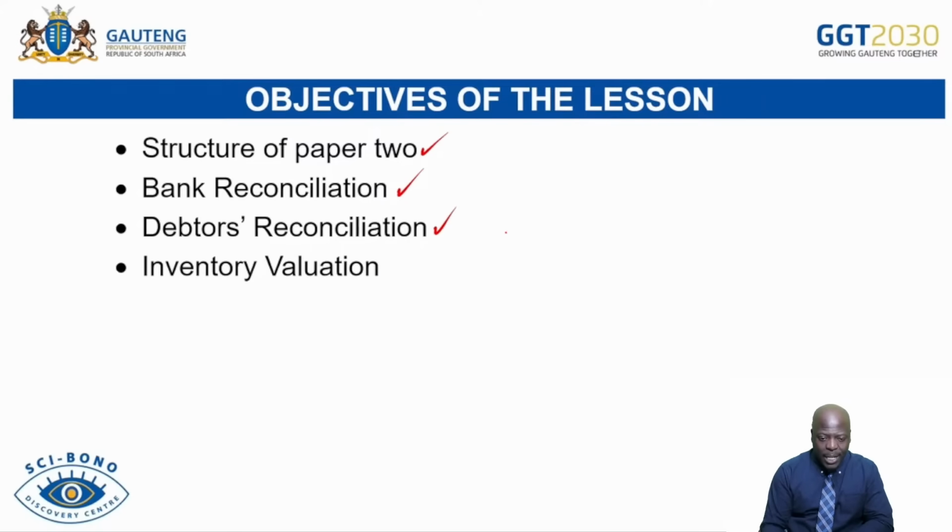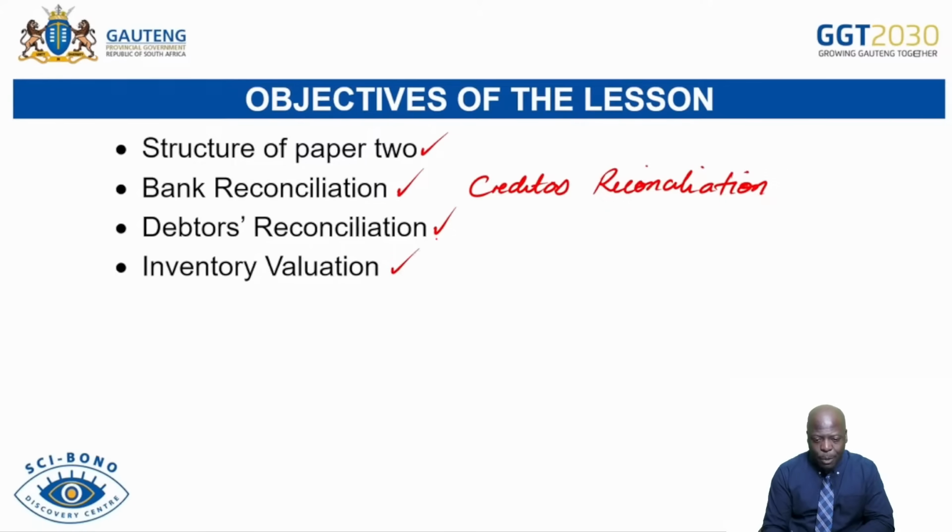And to add to it, I'll also need you to look at your creditors reconciliation. I'm just going to come here and say creditors reconciliation. All right, so we will just talk on these aspects, but I will not get deep into them.